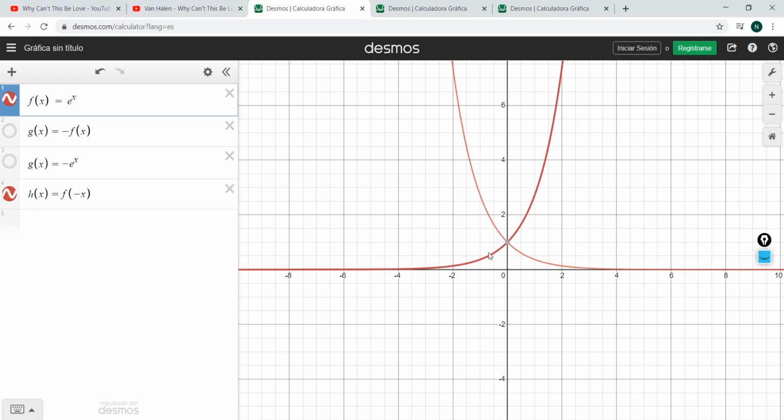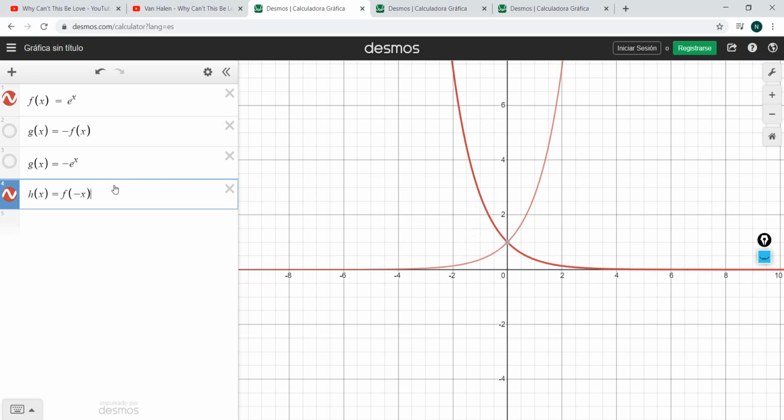One more time, this is my original function, e to the x. And when I produce another function, h of x equals f of minus x, so the multiplication by minus occurs only within the variable itself, what we get is this new graph. And if you notice, this new graph is basically the same as this one, but reflected now around the y-axis.